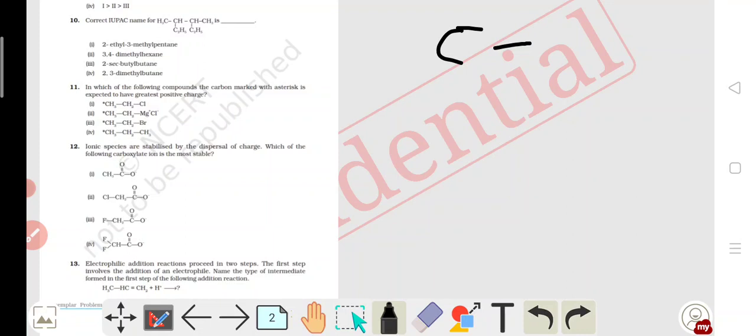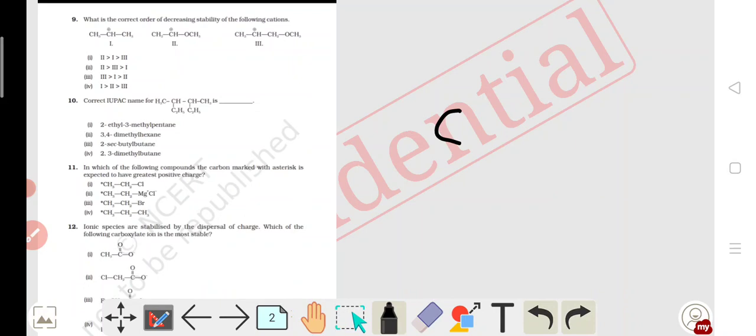Here in the options, only the group attached to the carboxylate varies. In option IV, there are clearly 2 electronegative atoms which decrease the negative charge at the carboxylate and make it stable. So my correct option is IV. Then comes question 13.